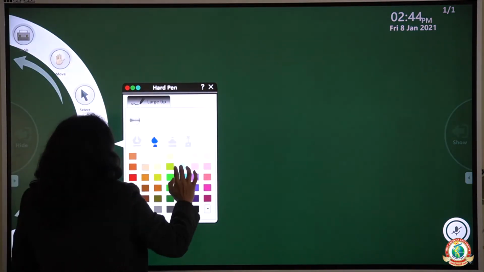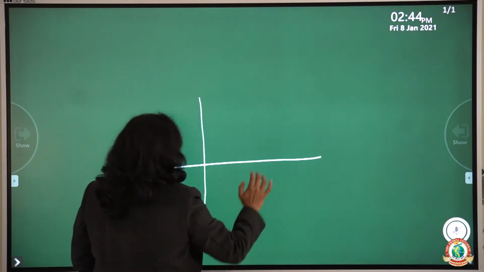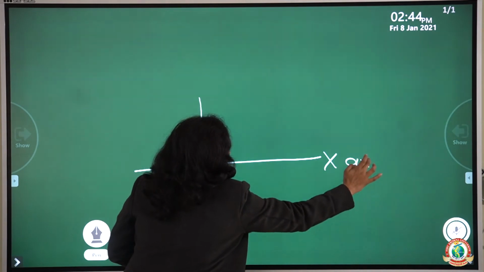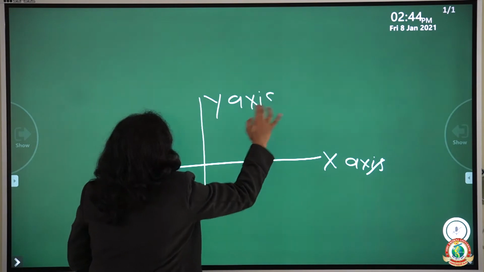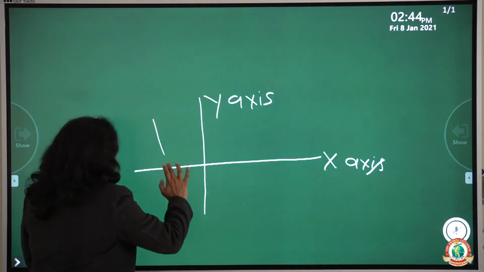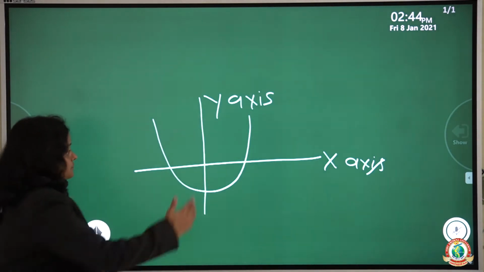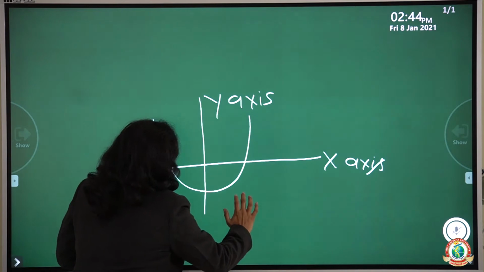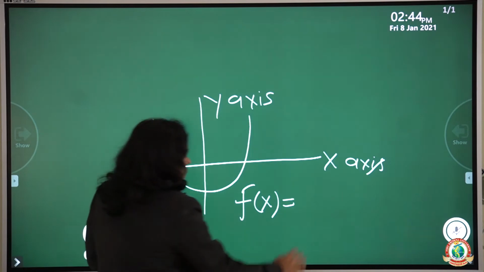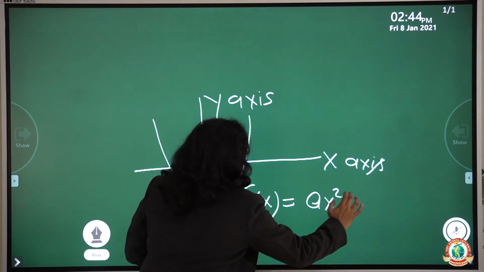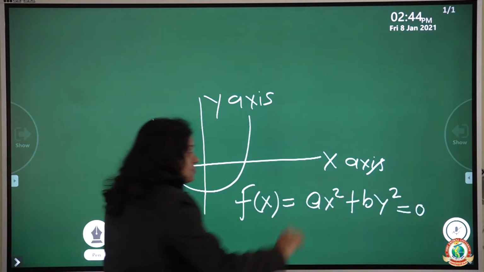If the x-axis and y-axis are given, then a curve defines the non-linear equation, where the equation is f(x) = ax² + by² = 0.